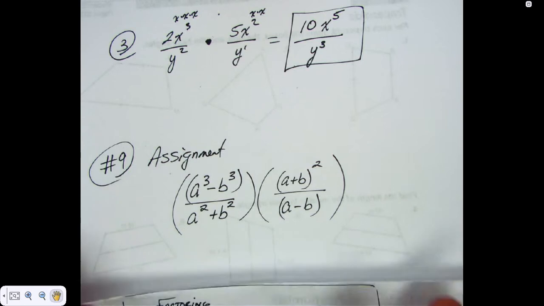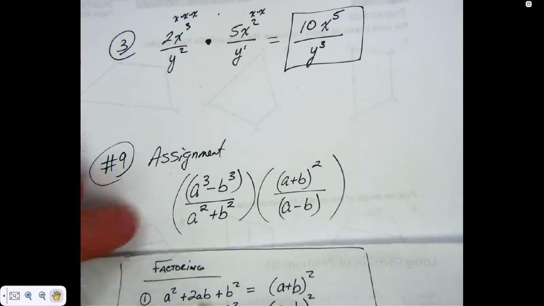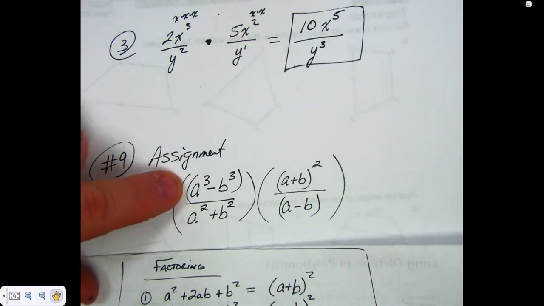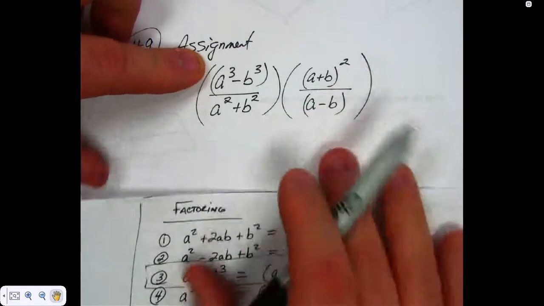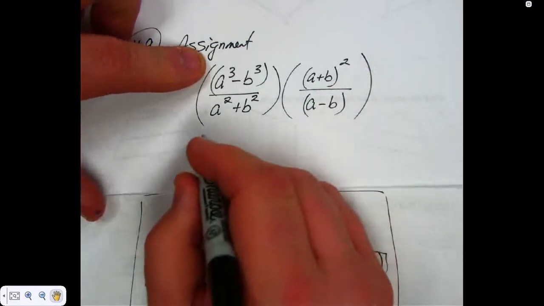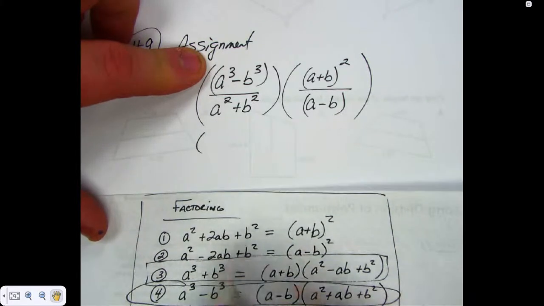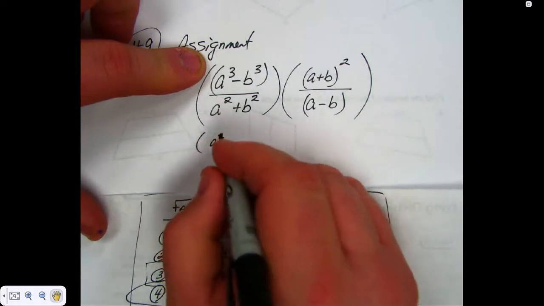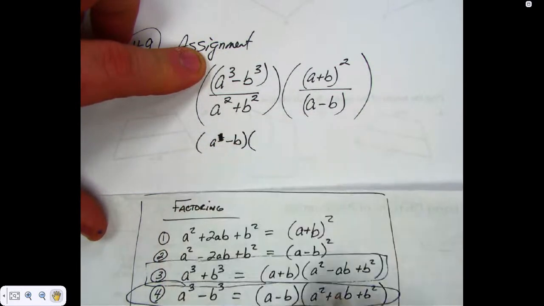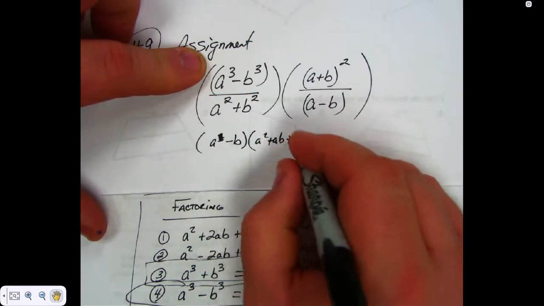Let's look at our list. This one right here is just like number 4. Is it not? So the top here could become, a to the third, or I'm sorry, a minus b times a squared plus ab plus b squared.